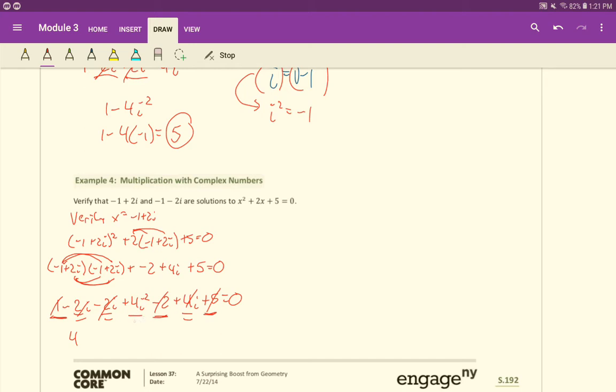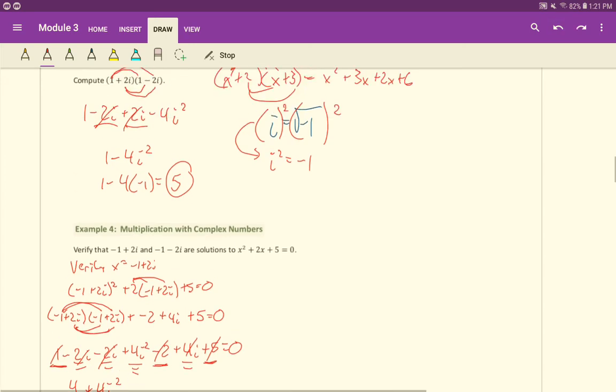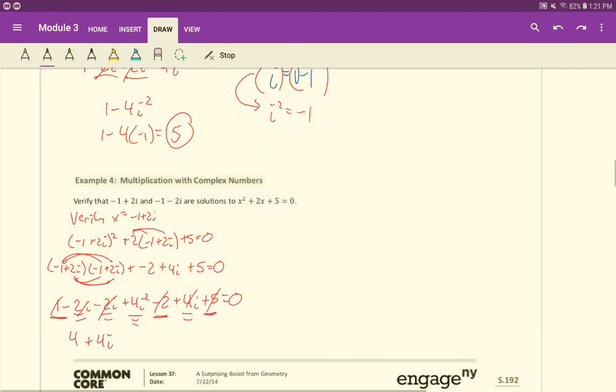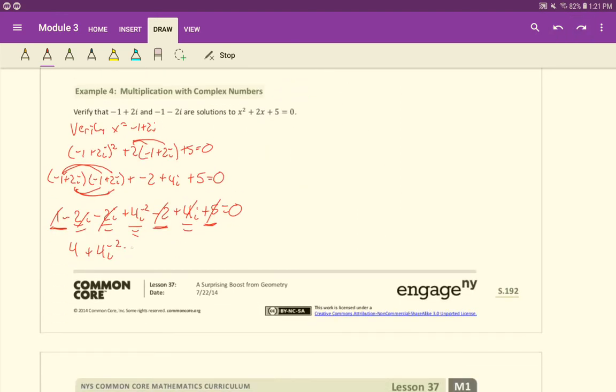And then we have this plus 4i squared. Remember what we said earlier, what does i squared simplify to be? i squared is just -1. So this becomes 4 plus 4 times -1 equals 0, which in fact gives us 4 plus -4, which is 0. Check. So that solution works.